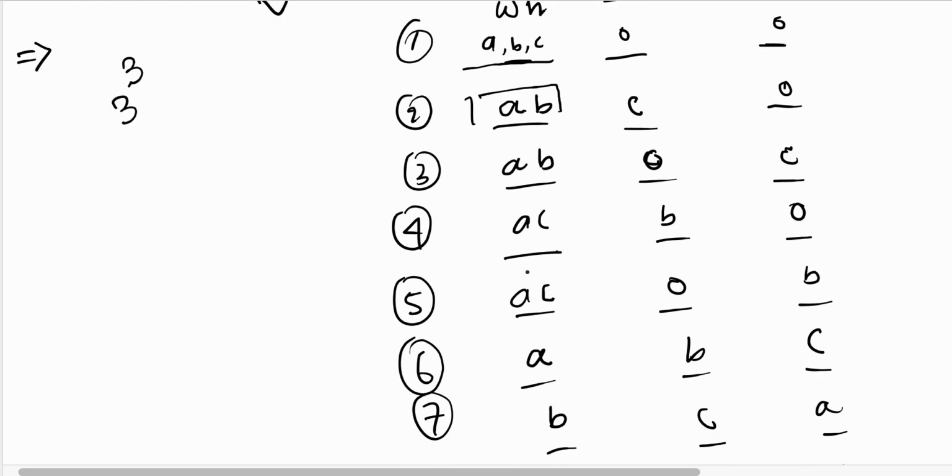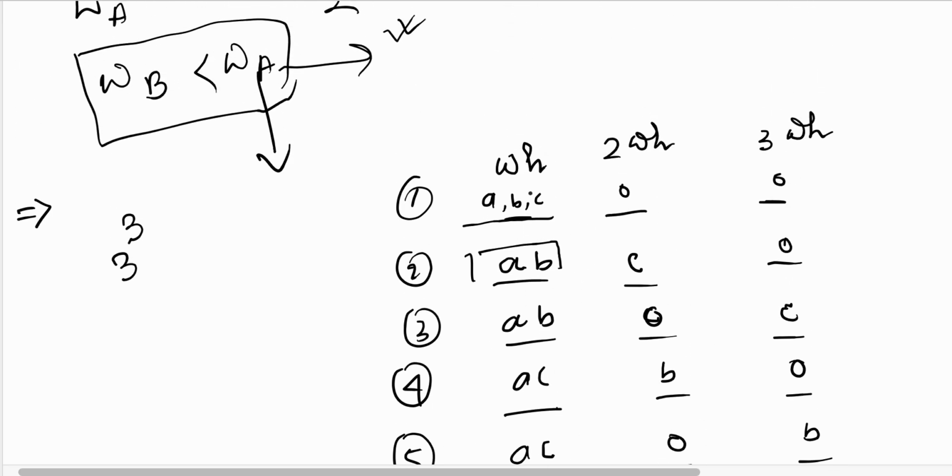Similarly A C fixed, there will be 3. No, I am maybe wrong. Maybe it is actually 3 to the power 3 ways I can put it out here. So there will be 27 possible ways by which I can put them.